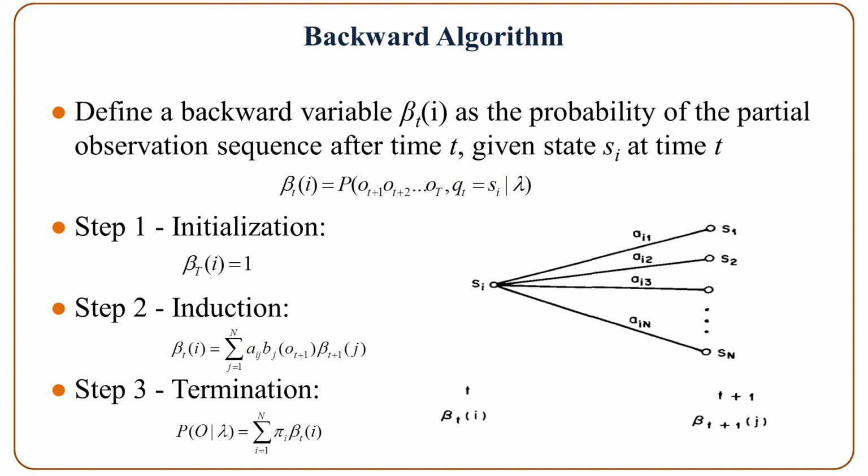Let's move on to the backward algorithm. We define a backward variable beta t of i as the probability of the partial observation sequence after time t given the state Si at time t.